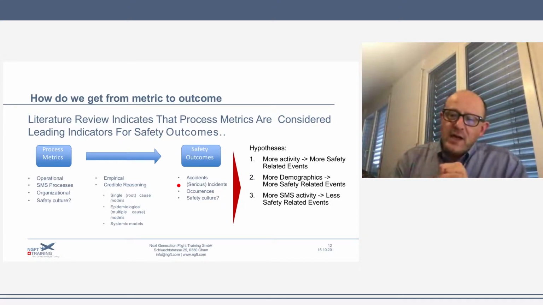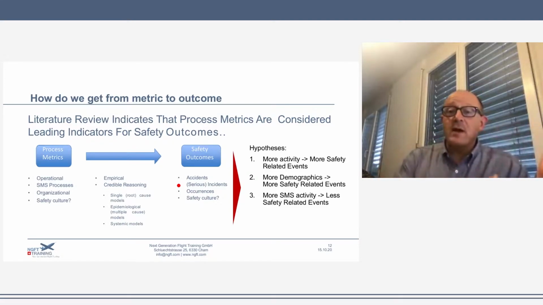The second hypothesis is, well, more demographics, meaning more people interaction, more people involved, you will have more safety-related events. If you think about the production of a car nowadays, that's almost fully automated, so you do not have any safety-related events.